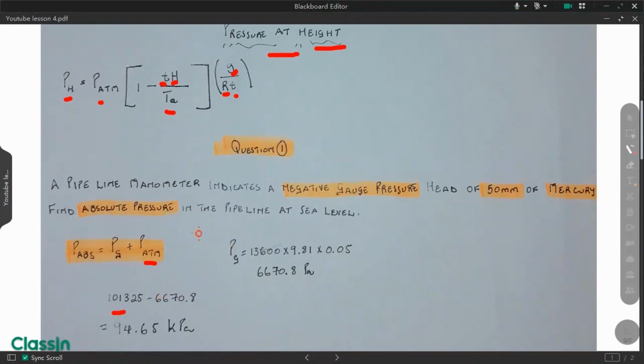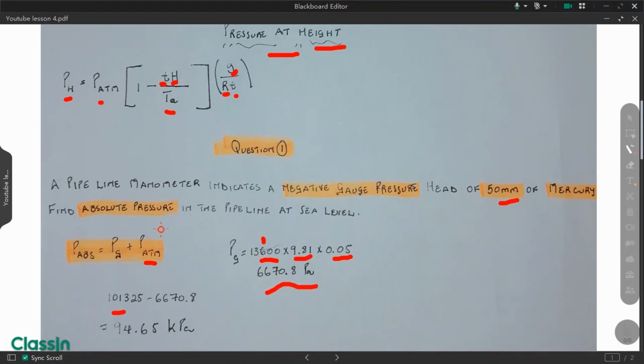So Pg is equal to rho, which is the density of mercury, 13,600, multiplied by g, the gravitational acceleration, multiplied by the pressure head, which is 50 millimeters. I converted this millimeter to meters. So we get 6,670.8 pascals, which is our gauge pressure.